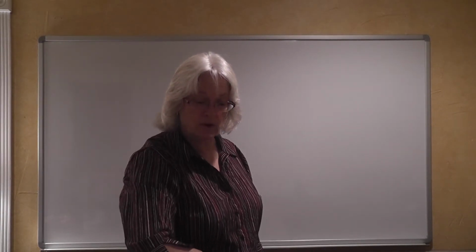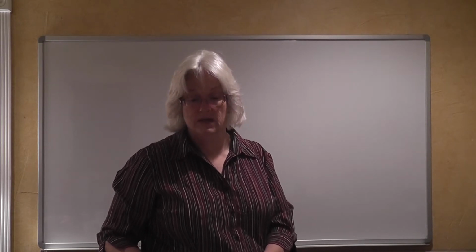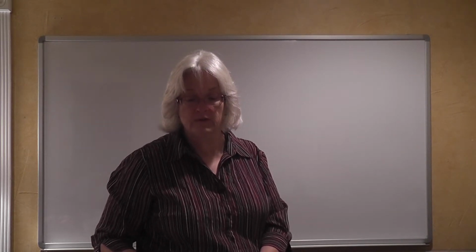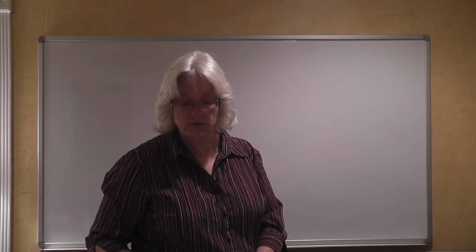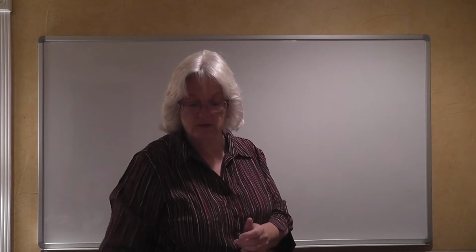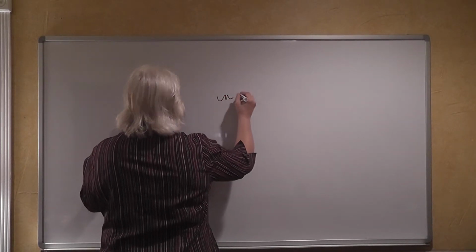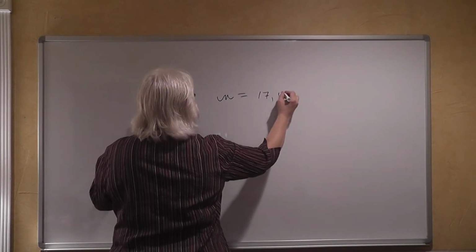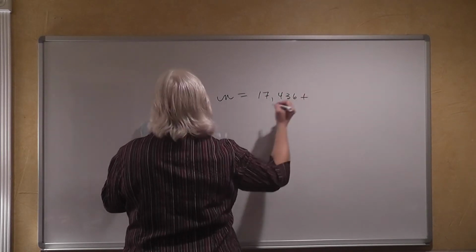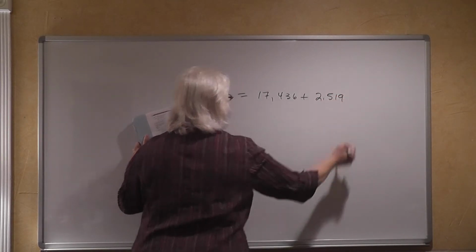We have an example, this is example number 2, page 26, and it says, estimate the value of the variable by rounding to the nearest 1,000. N is equal to 17,436 plus 2,519.